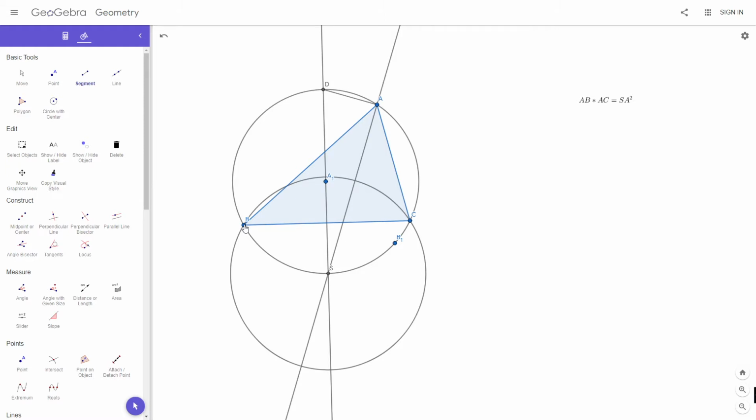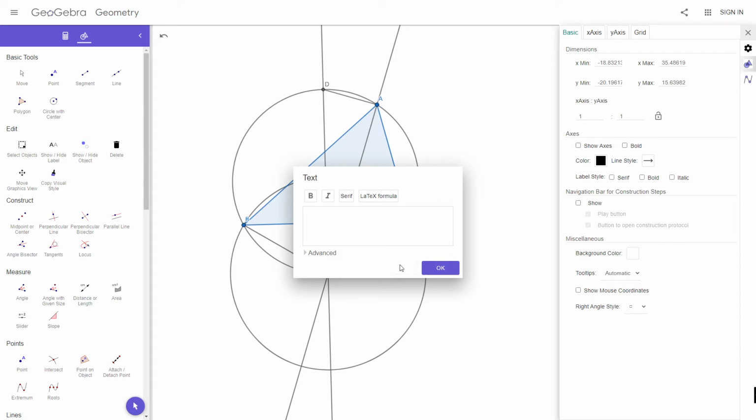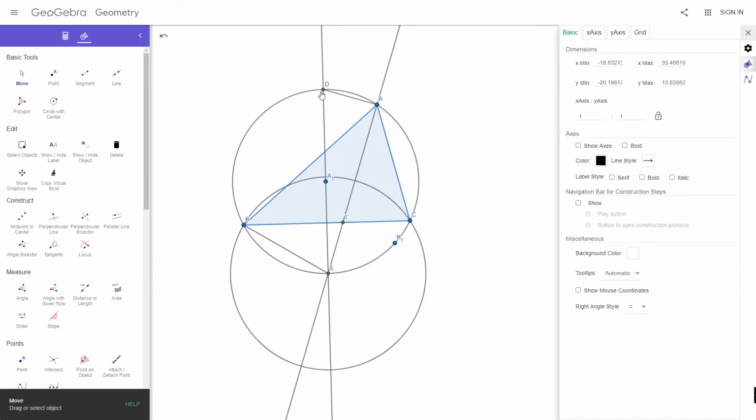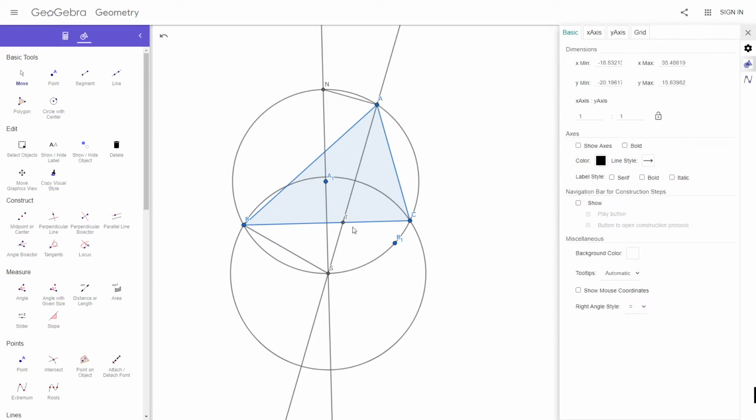In particular, we have a couple of similar triangles. We have this angle BAS is equal to angle, actually we should give this point a name. Let's call that T, because why not? And actually we should call this one N, for North Pole Point.